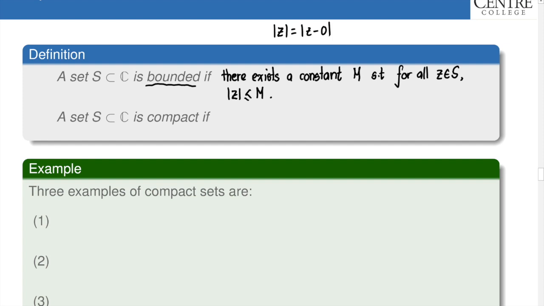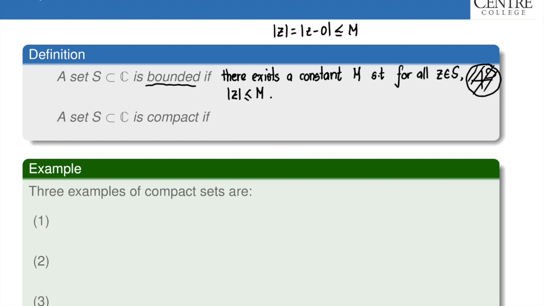So if I take any point in the set S, it is going to be contained in a closed disk of radius M centered at 0, because everything in that set has distance less than or equal to M. In other words, we say a set is bounded if I can find a giant closed disk so that the set is contained in that disk.